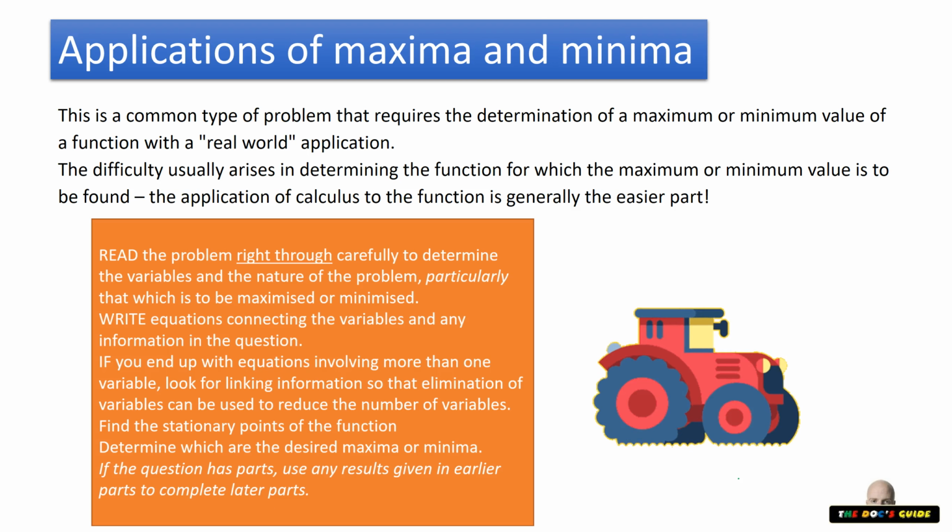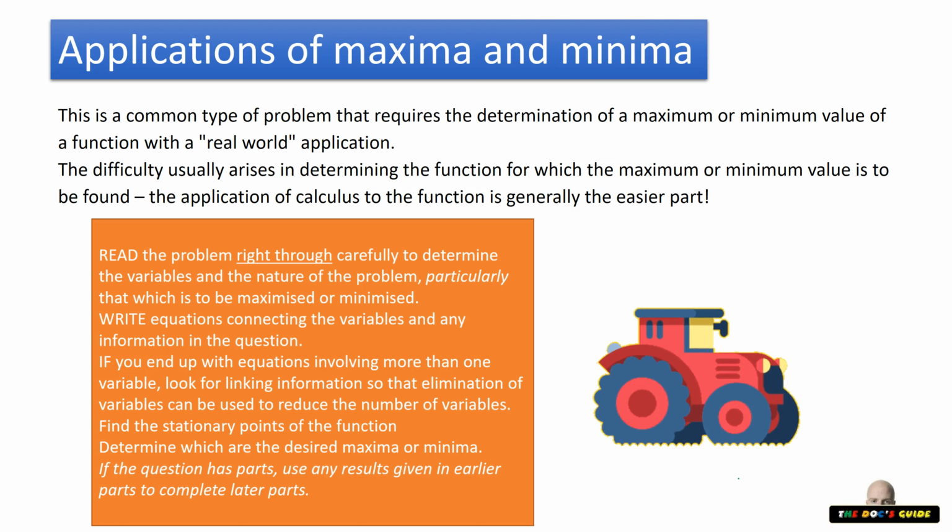We need to write an equation connecting the variables, again particularly for the thing to be maximised or minimised, and if we end up with equations with more than one variable, there has to be some sort of linking information so we can eliminate the variables. We can't do our calculus unless we can bring the original equation down to just one variable.